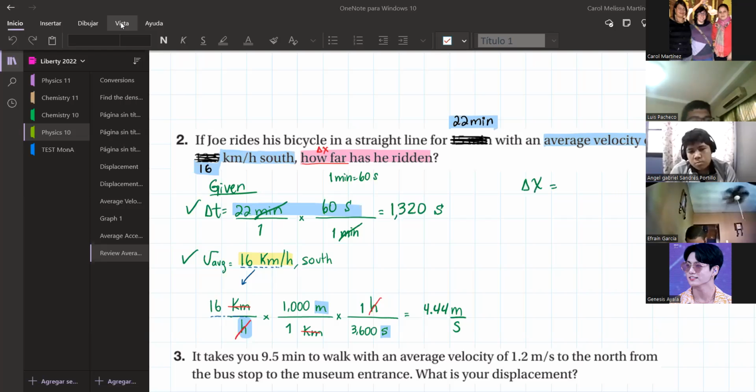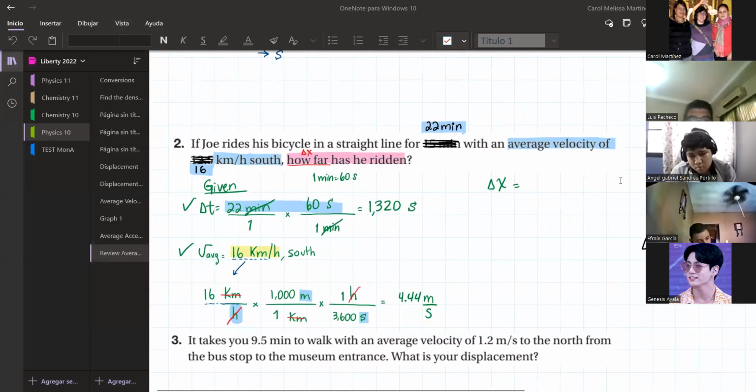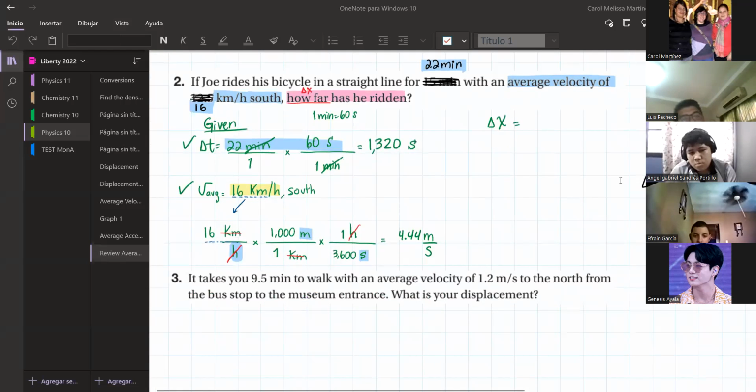Now, in the triangle that I gave you, this triangle, what do we do if we need to isolate for displacement? What do we need to do if we need to isolate for displacement? Multiply velocity times time. Exactly.